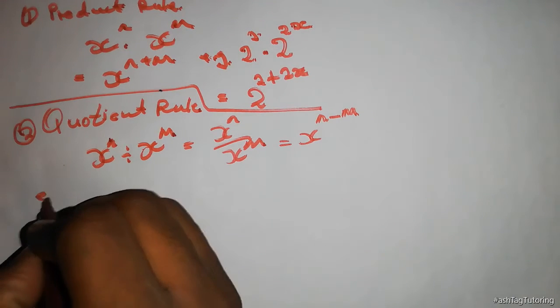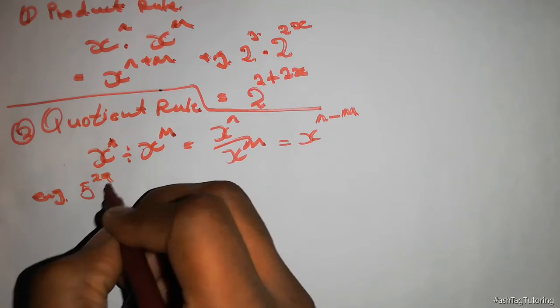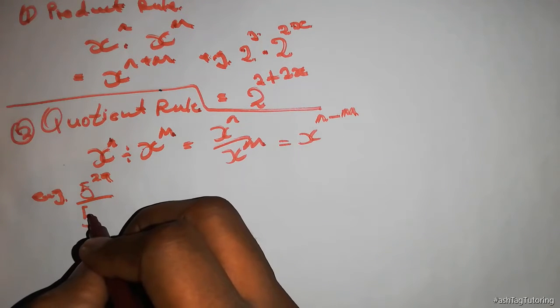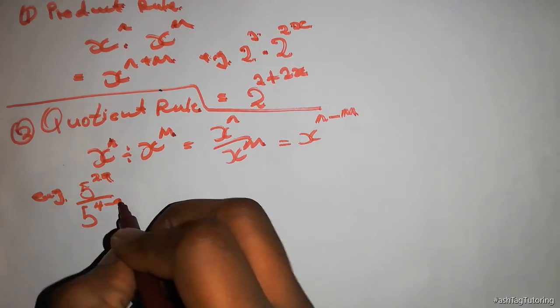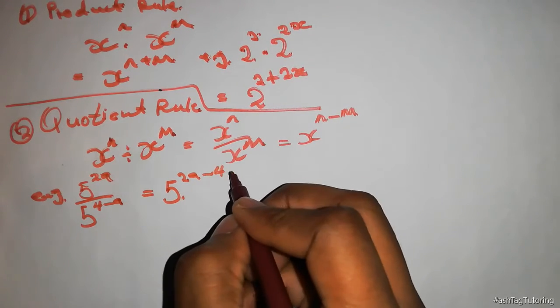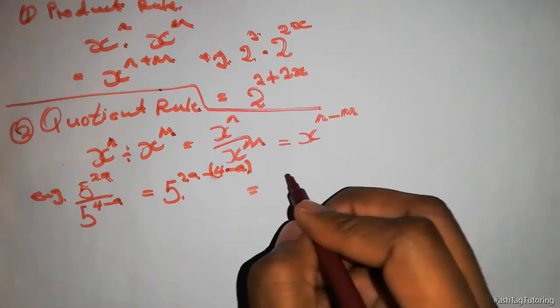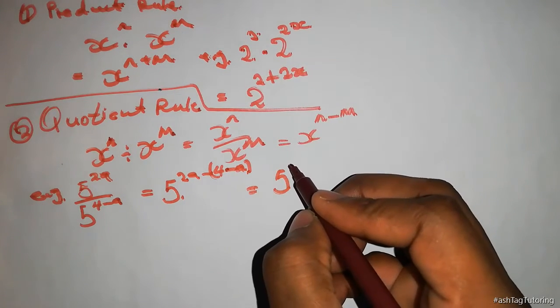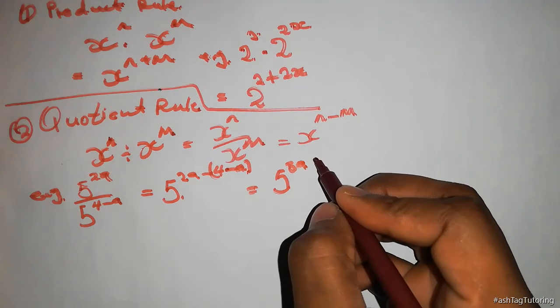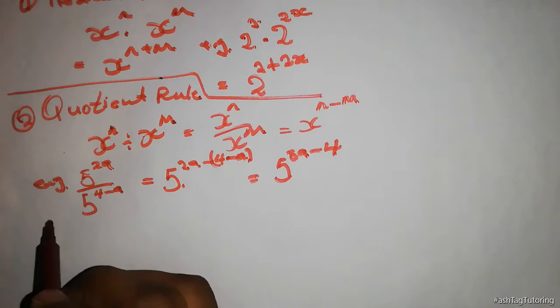For example, if you get 5 to the exponent of 2a divided by 5 to the exponent of 4 minus a, the base is the same, therefore you have 2a minus (4 minus a). You therefore have 5 to the exponent of 3a minus 4.